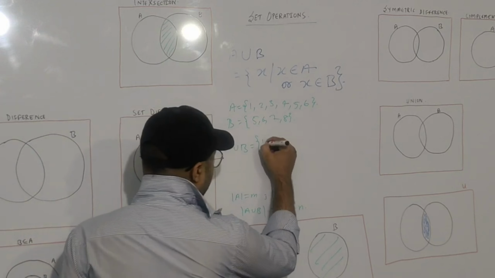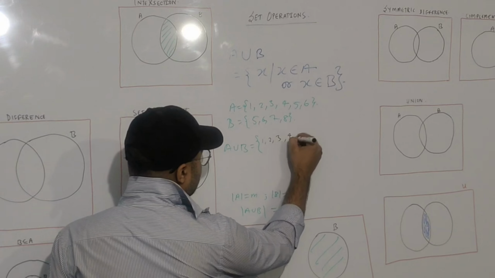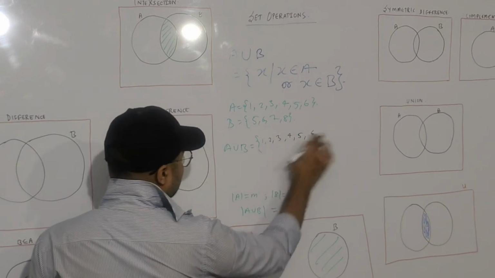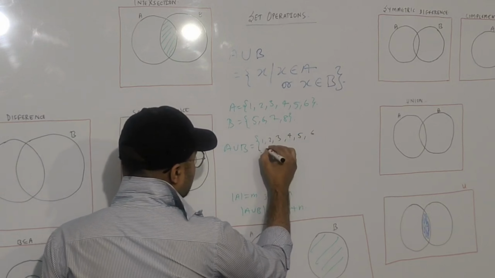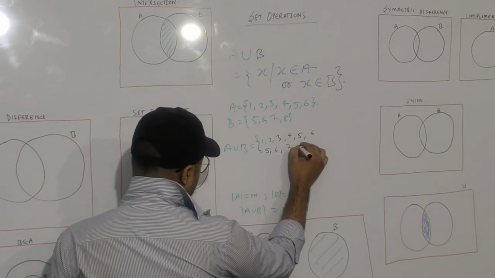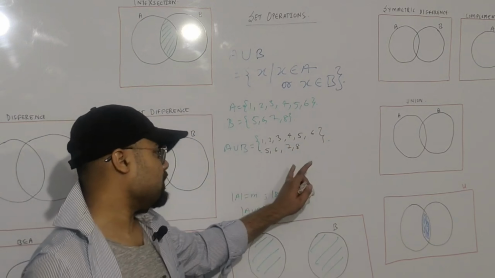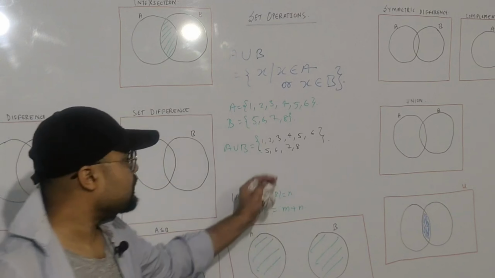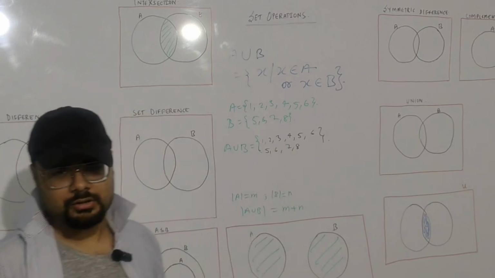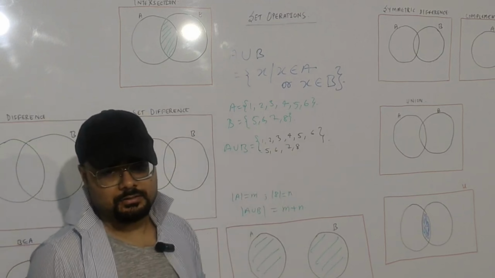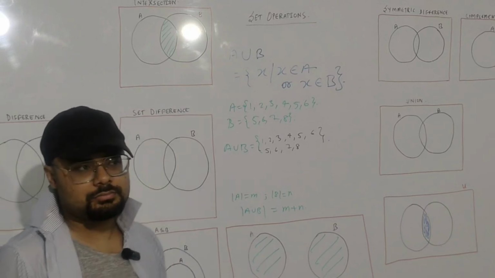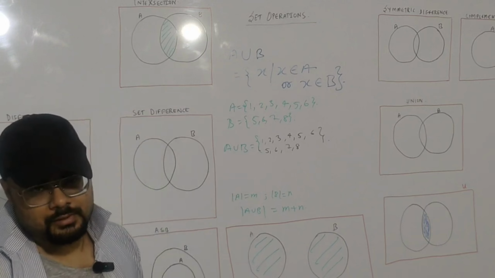So you will write all the elements of A, 1, 2, 3, 4, 5, 6 and then all the elements of B, 5, 6, 7, 8. Of course, when you are writing your set in this manner, you will correct yourself. You are not going to write 5, 6 twice because duplicates are ignored in sets.